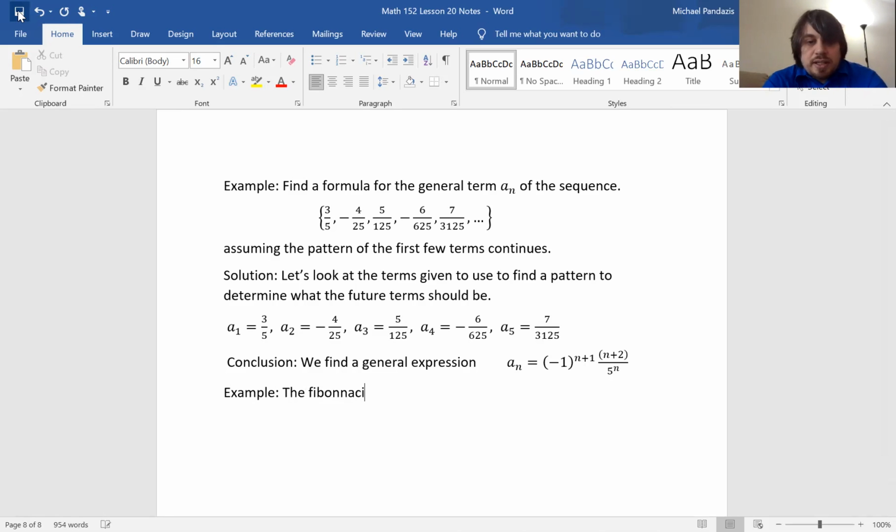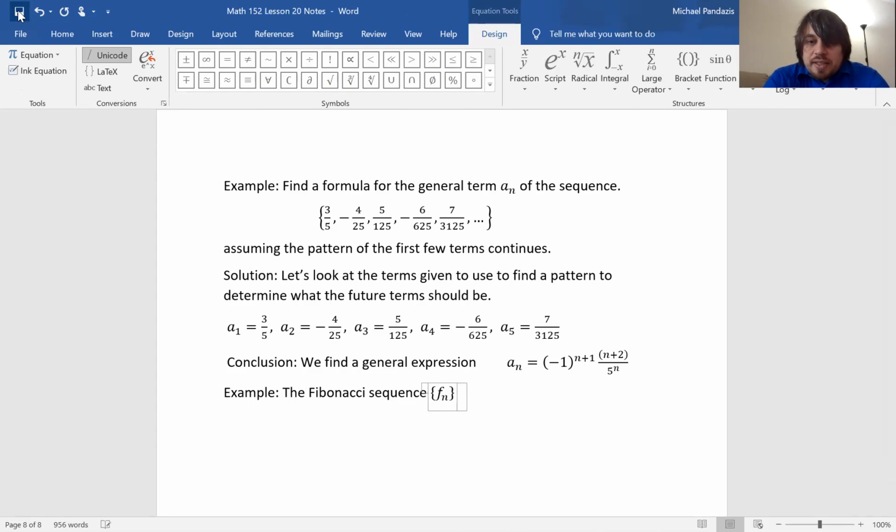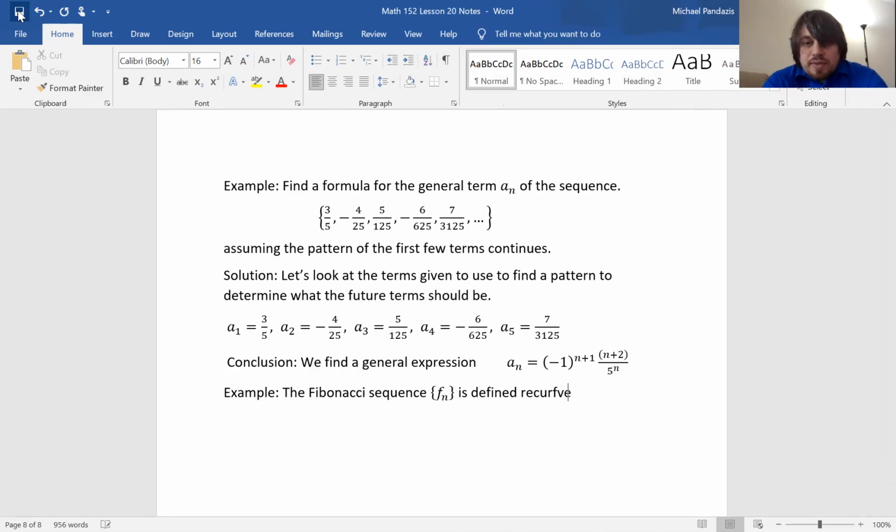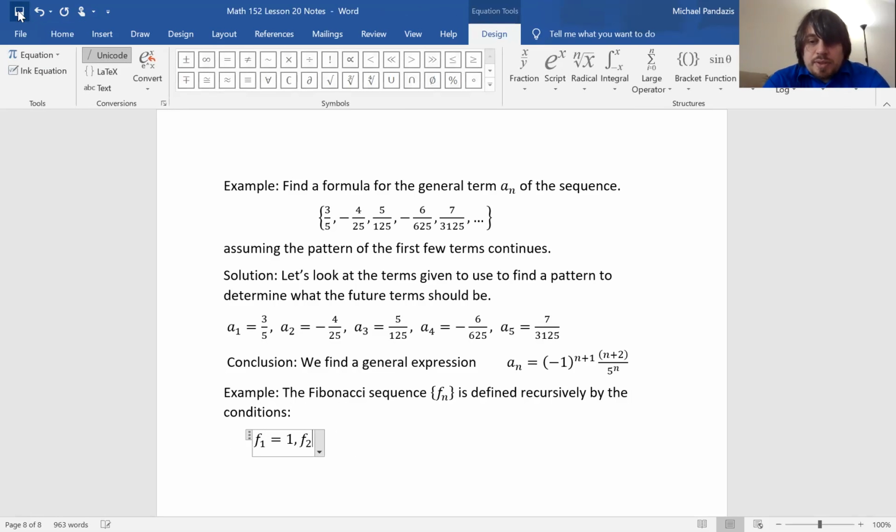The Fibonacci sequence, f sub n, is defined recursively by the conditions f sub 1 is equal to 1, f sub 2 is equal to 1, and f sub n is equal to f sub n minus 1 plus f sub n minus 2 for all n greater than or equal to 3.